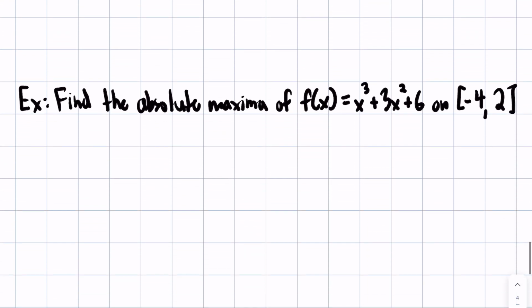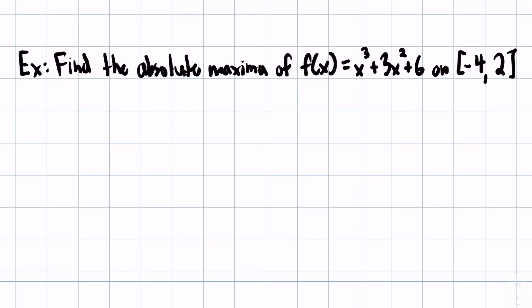Okay, so we're going to move on to an example. We're given a function and an interval, and we want to find the absolute maxima of the function on that interval. The first step is to find the critical points of the function on the interval. To do that, we're finding the places where the derivative either is 0 or does not exist. So we have to actually find the derivative. Here, the derivative is 3x squared plus 6x.